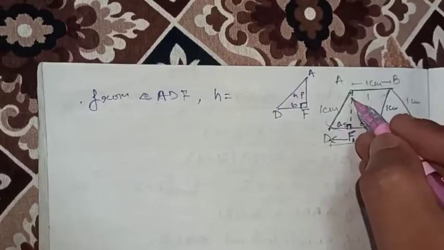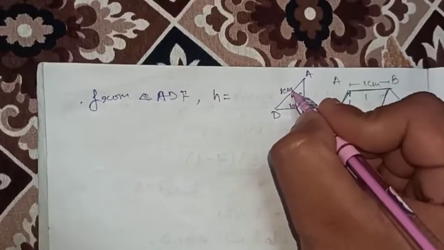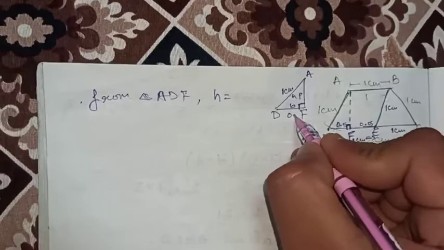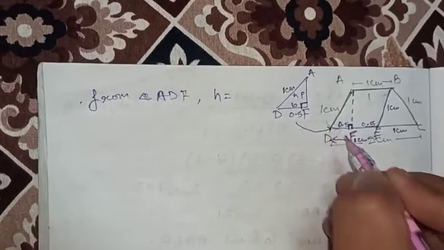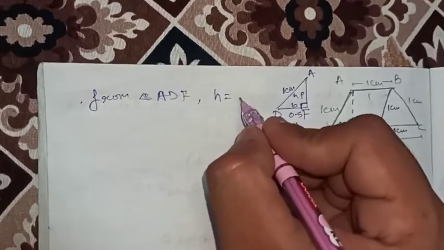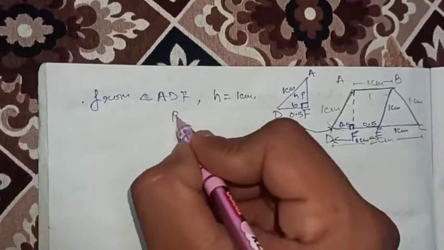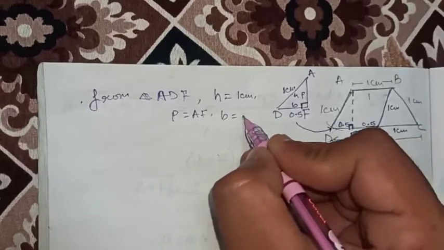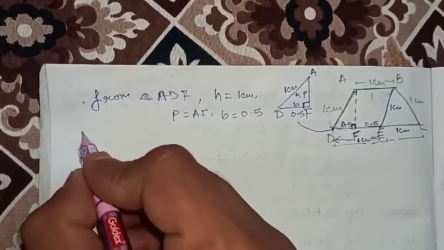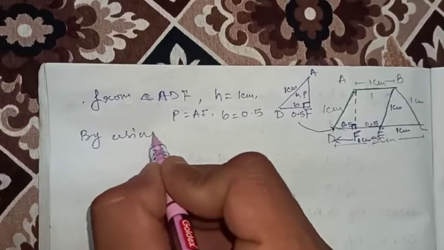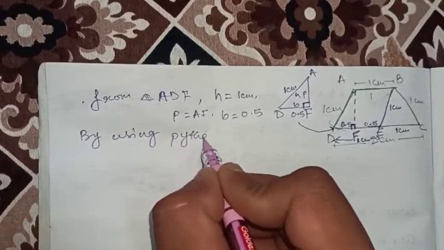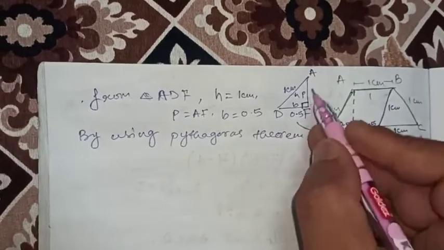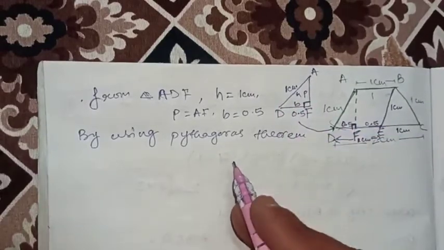So hypotenuse is how much? 1 centimeter. This line length we don't know. This is 0.5. So H is 1 centimeter, P is AF and B is base is 0.5. So by using Pythagoras theorem, you have studied in your 8th class that whenever there will be right angle triangle we can use Pythagoras theorem.